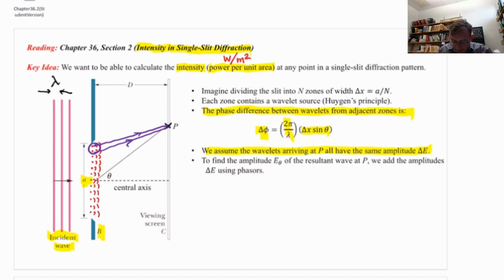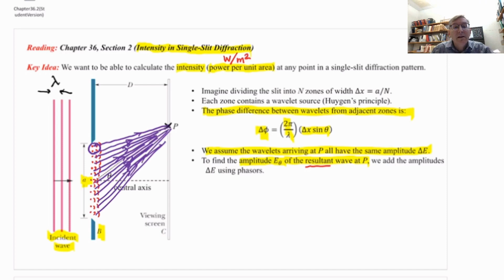And our job is to find the amplitude, we'll call that E sub theta, of the resultant wave at point P from adding up, superposing all the wavelets that come from all those little point sources that cover the whole area of the slit, all converging on point P. So we have to take all those wavelets and do a resultant to get the total. And that will give us what we're going to label E sub theta.